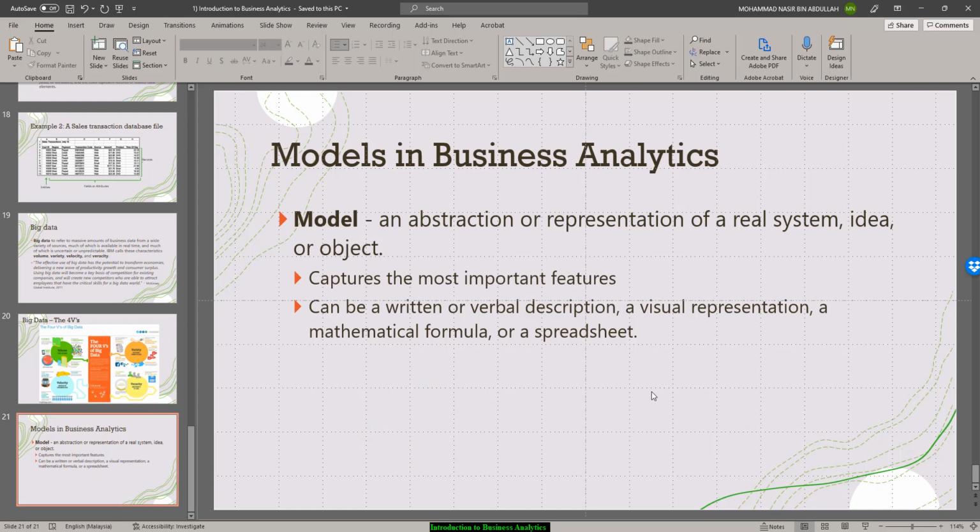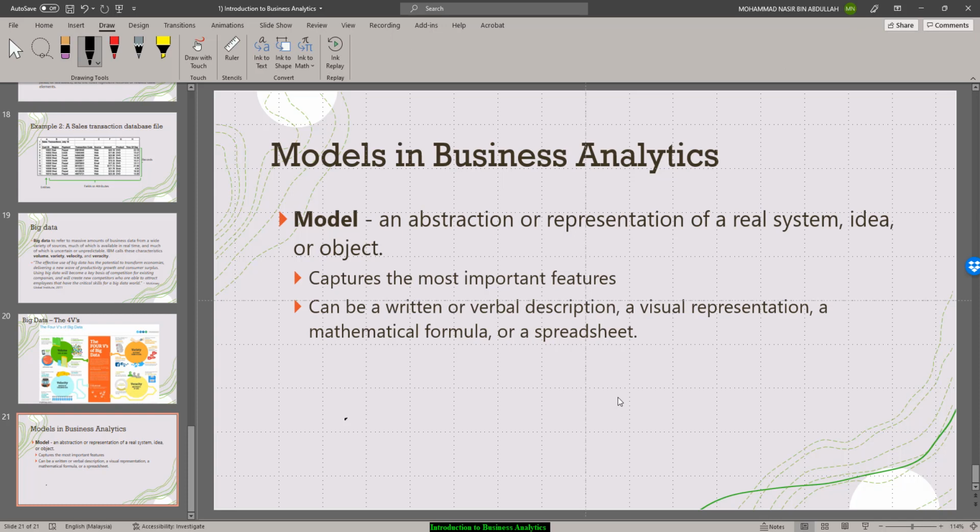Now, let's look at models in business analytics. A model is an abstraction or representation of a real system, idea, or object. In our subject, we are not talking about a physical model. We are not making a model presentable on a table. We are trying to build a mathematical model, like this: y = mx + c.